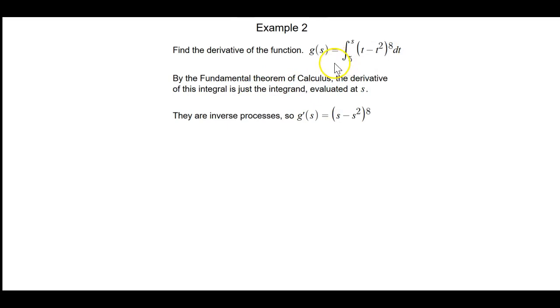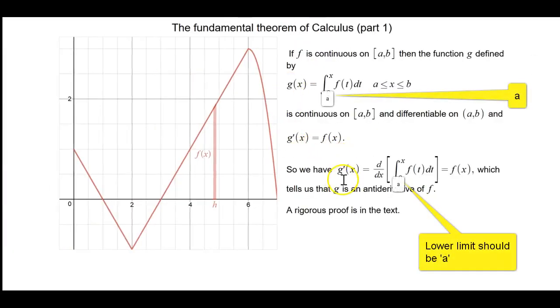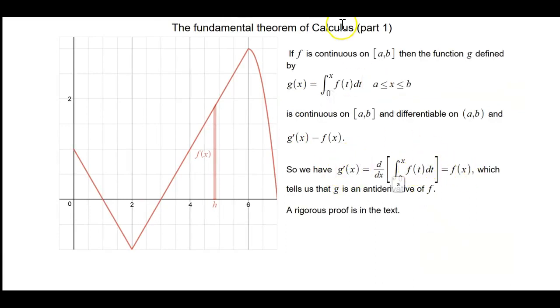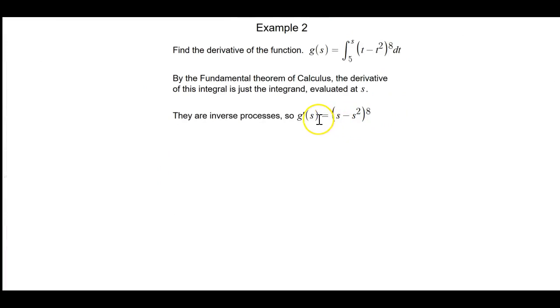If I take the derivative of g, what the fundamental theorem of calculus just told me is that the derivative of g is equal to f evaluated at the variable. So g prime of s is just this function evaluated at s. In practice, these problems are really easy. There was a lot of buildup that seemed complicated, but when you just do the problems, this is pretty straightforward.